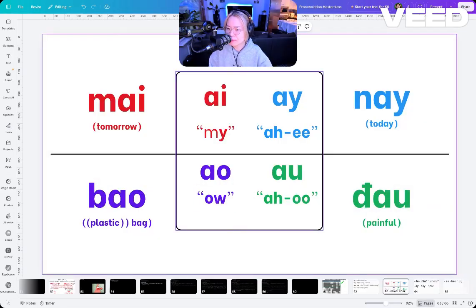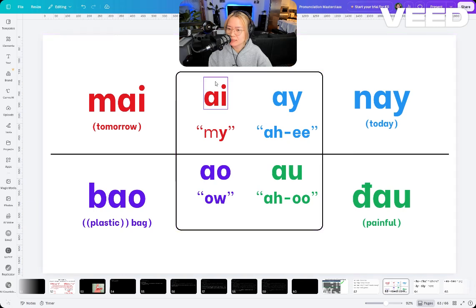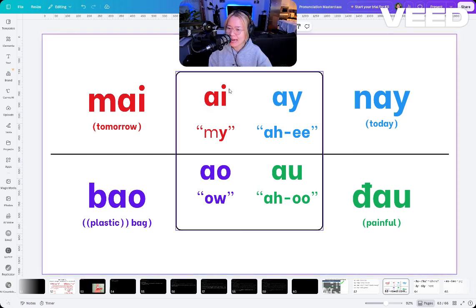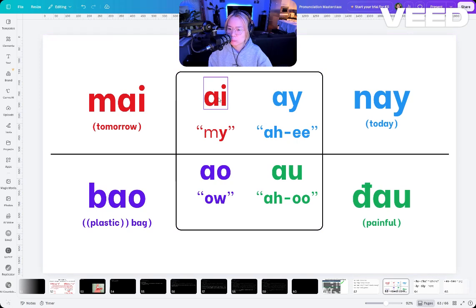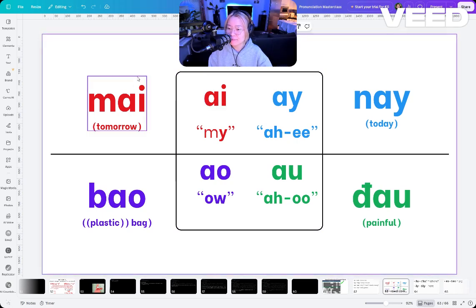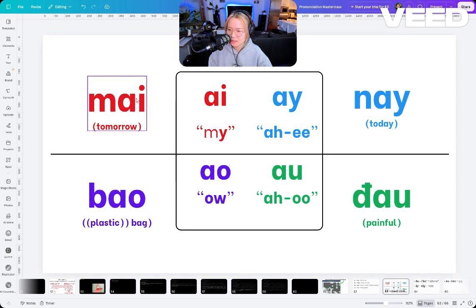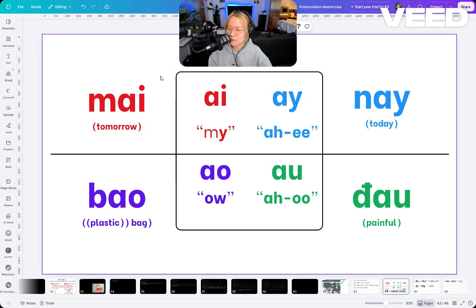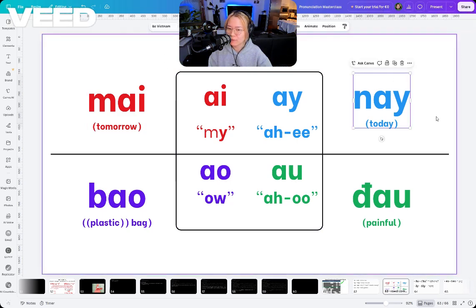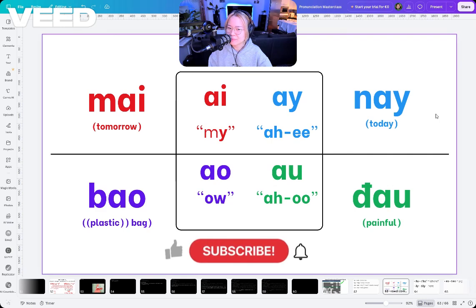Here are some more example words made of this vowel combination starting with a. We have my. Again, it means tomorrow. Then we have nay. What does that mean?